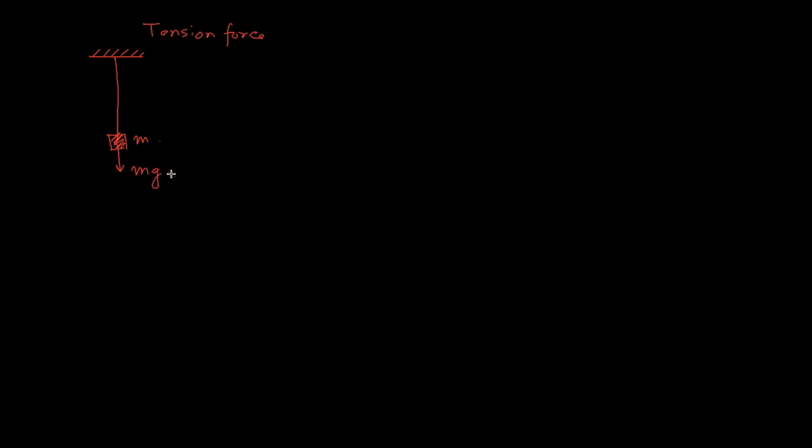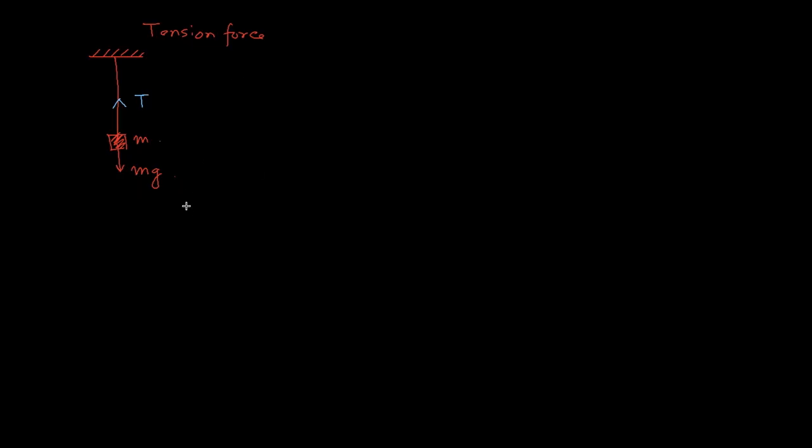And as it is hung and it is in static equilibrium, it means it also has another force acting over there. The force which acts opposite to the mg can keep this mass in the equilibrium position. That means there is another force which is called the tension force, which acts through the string or this rope.